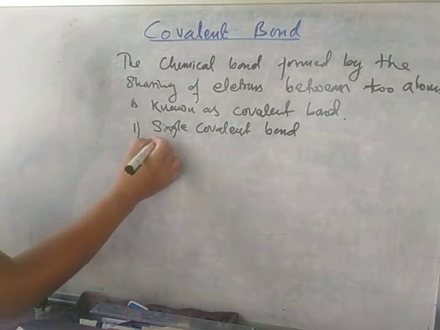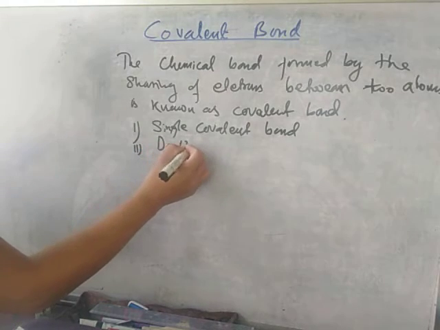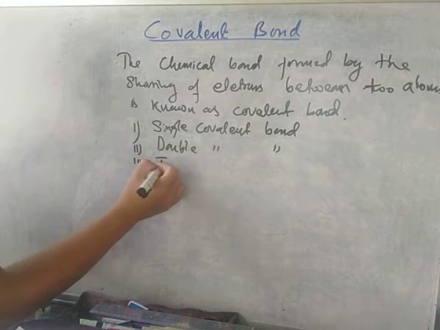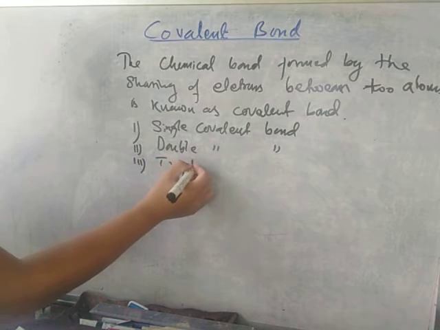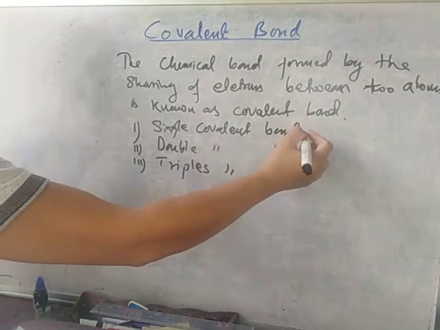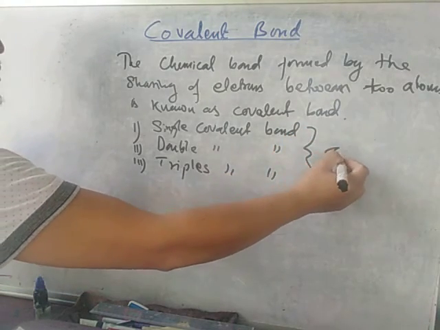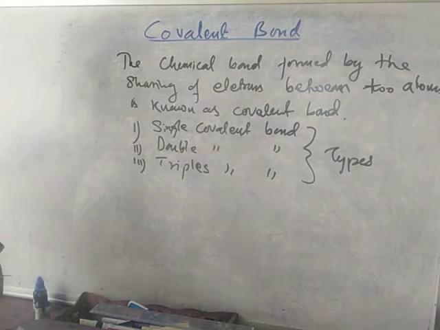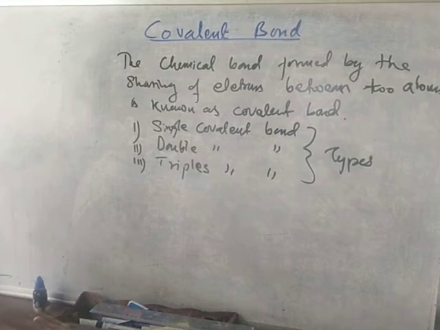Second, double covalent bond. Third, triple covalent bond. These are the three types of covalent bond. One by one we'll be doing. First, write down single covalent bond.